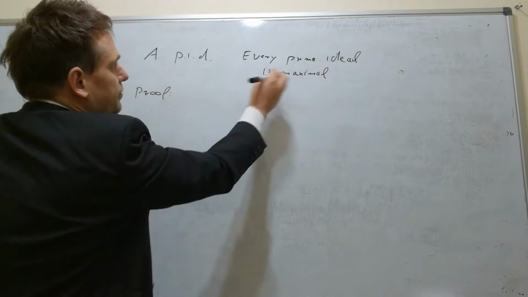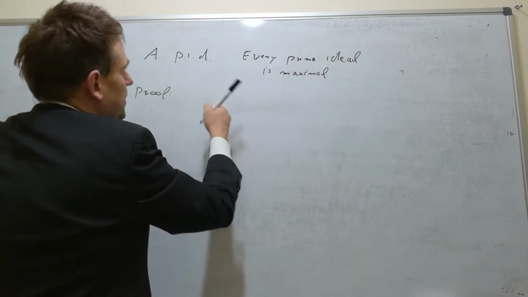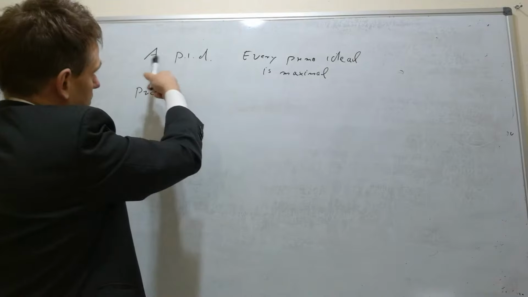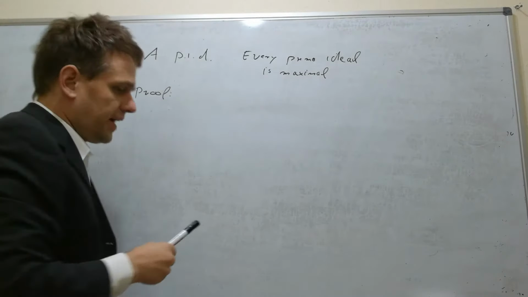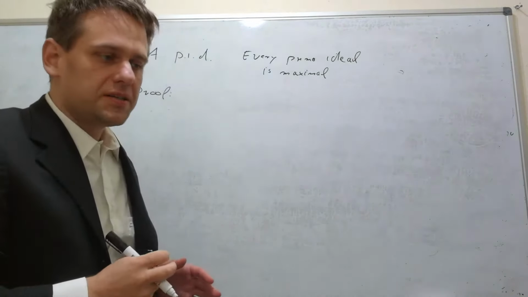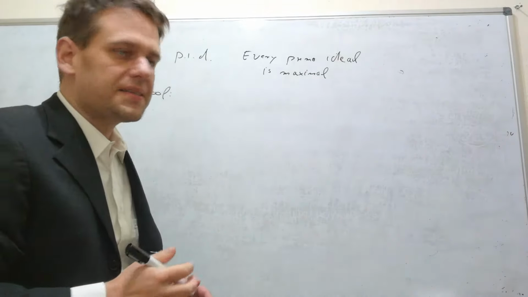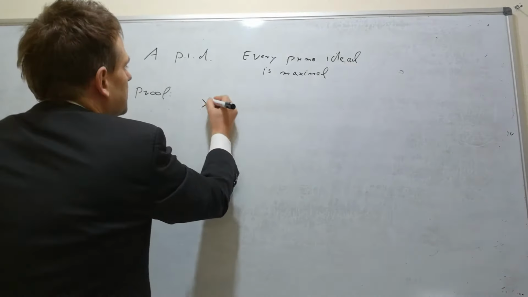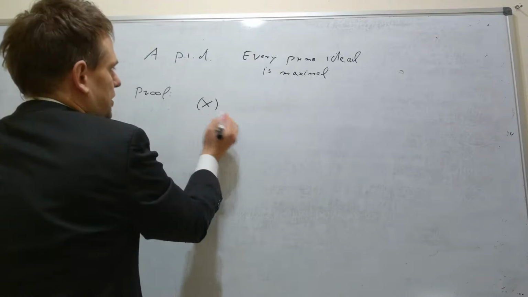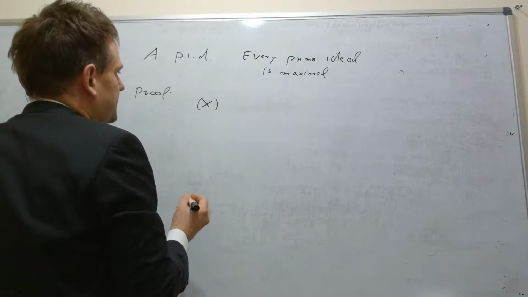So suppose we have a prime ideal. Since we are working in a principal ideal domain, this prime ideal has to be generated by a single element, for instance x. So this is our prime ideal. It's generated by this element x.